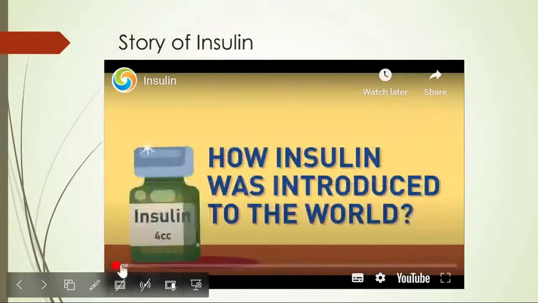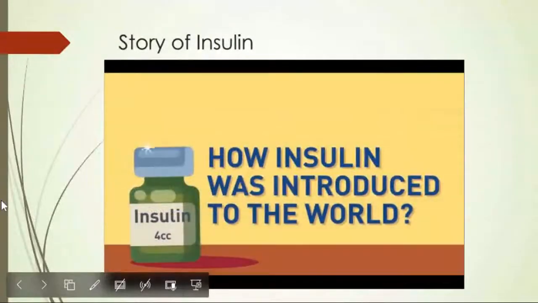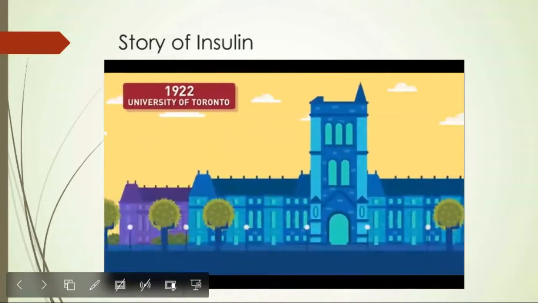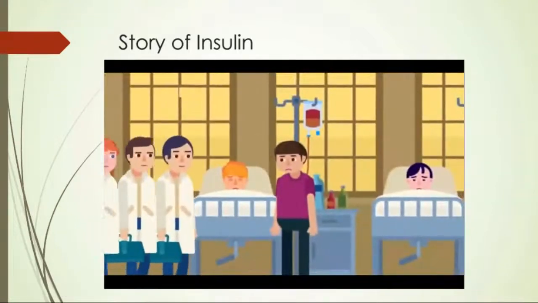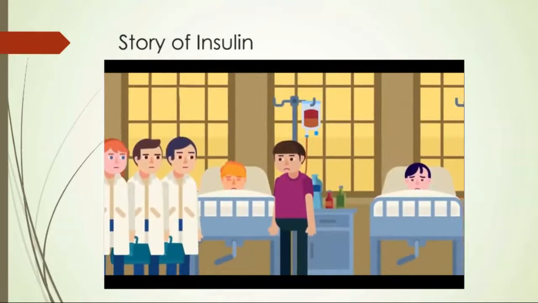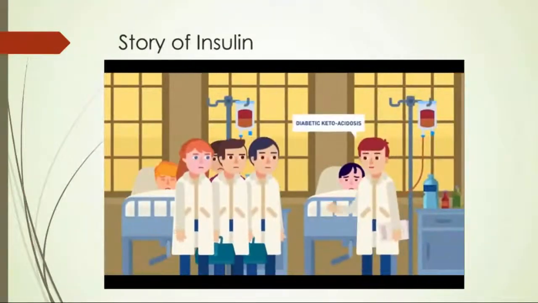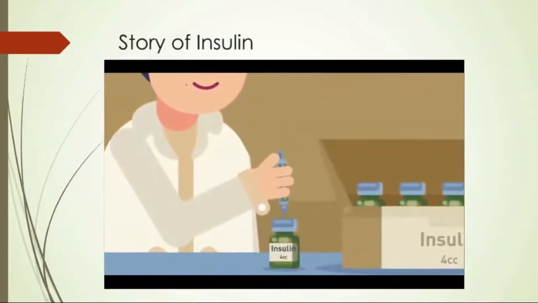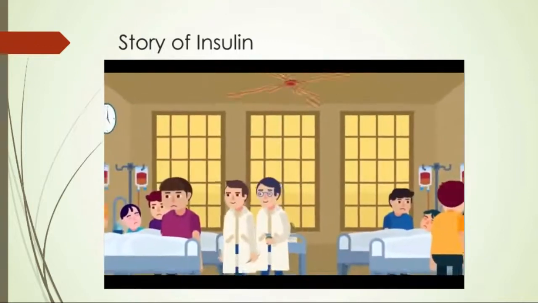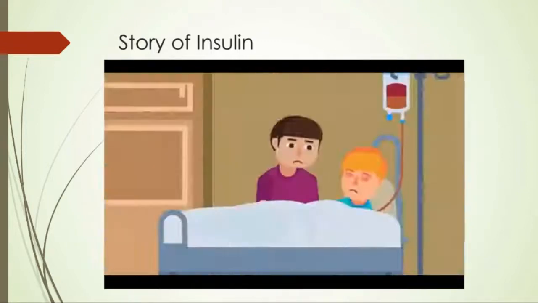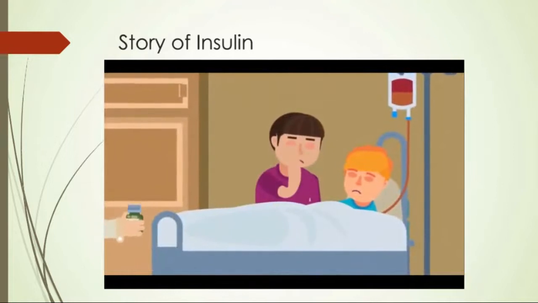Now introduced to the world. In 1922, at the University of Toronto, the scientists went to a hospital ward full of diabetic children, most of them comatose and dying from diabetic ketoacidosis. This is known as one of medicine's most incredible moments. Imagine a room full of parents sitting at the bedside, waiting for the inevitable death of their child.